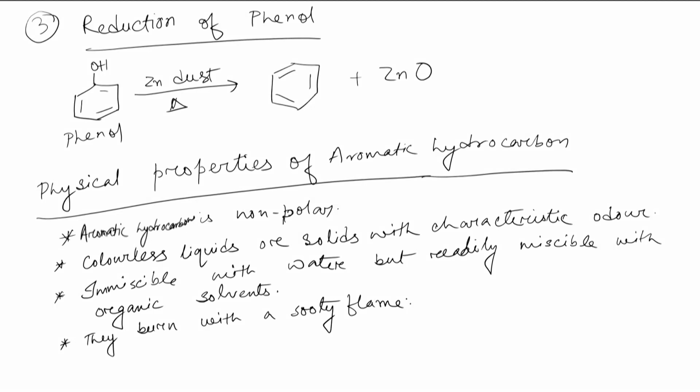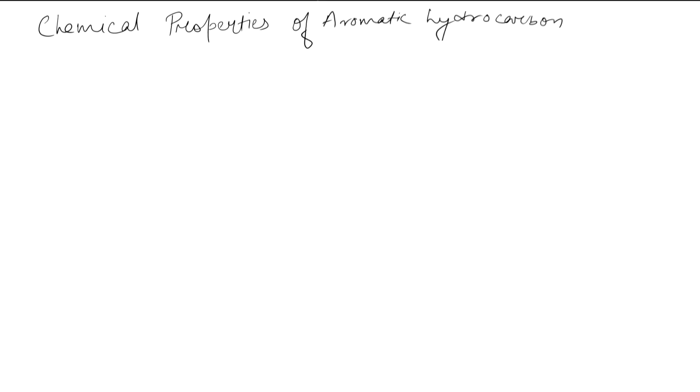So these are the physical properties of aromatic hydrocarbons. Now we will discuss about their chemical properties. Chemical properties of aromatic hydrocarbons, but mostly we will discuss about benzene here.